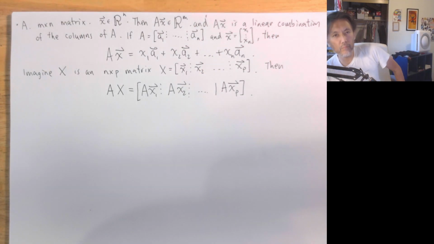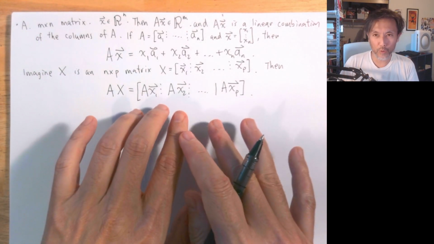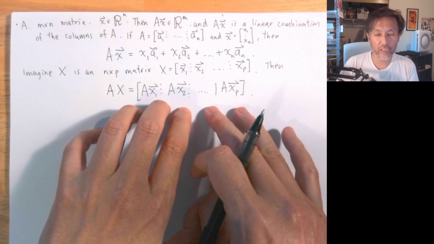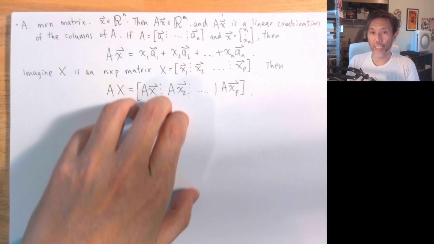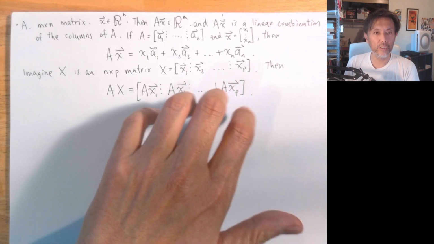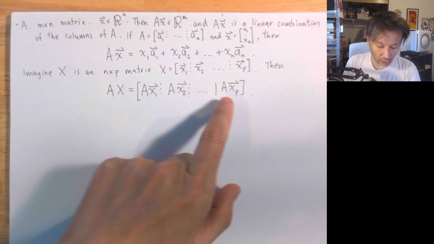Lovely. I don't want to prove this. I don't think it's hard. I think you can do it. But I do want to assert it as a fact for us to use. In other words, the columns of A times X are really these linear combinations.